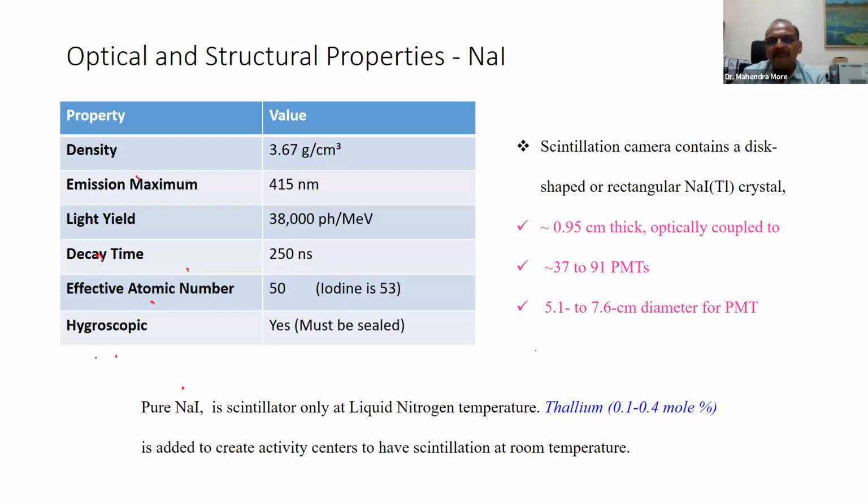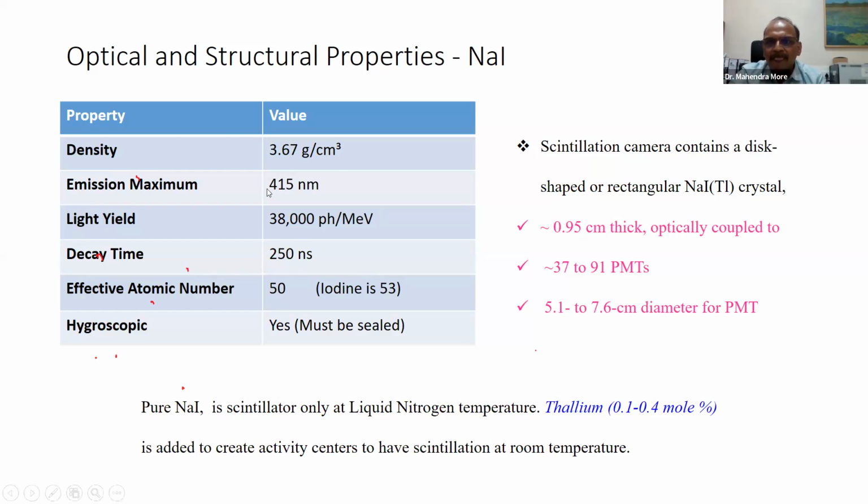The thickness of this scintillation sodium iodide crystal is around 0.9 centimeter, or 9 to 10 mm. It is thick, and above the scintillator there are photomultiplier tubes, which we call PMTs. An array of around 37 to 91 photomultiplier tubes is used to form the image.